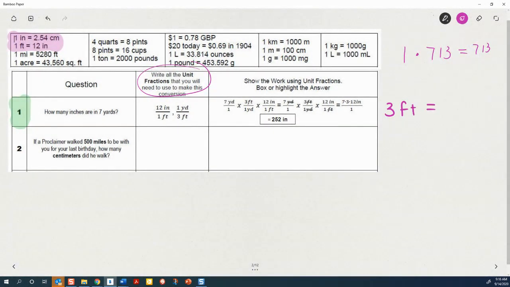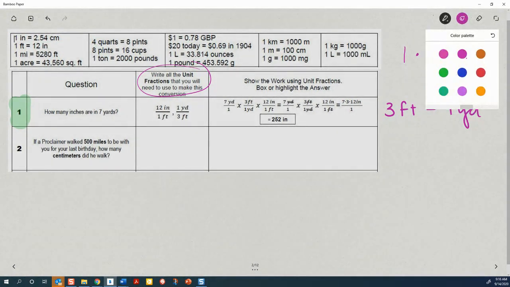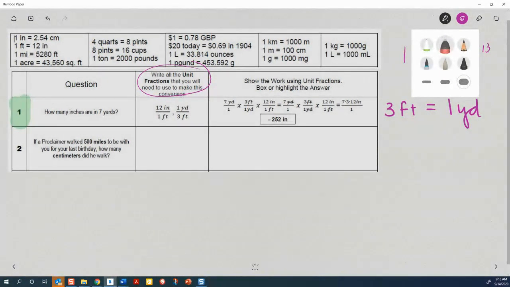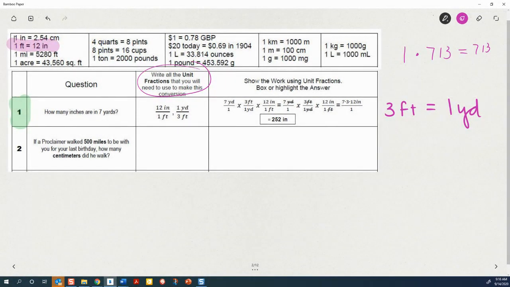But we need that 3 feet is 1 yard, and then 1 foot is 12 inches. So those are the 2 facts that you need.